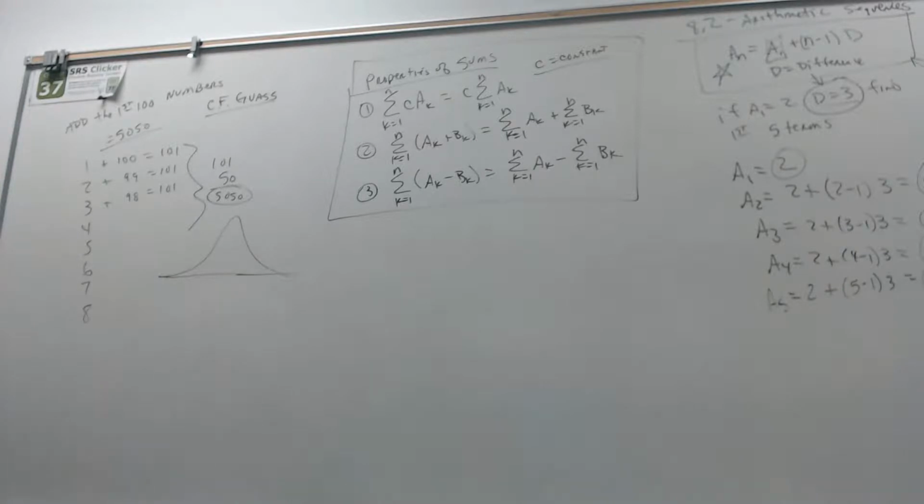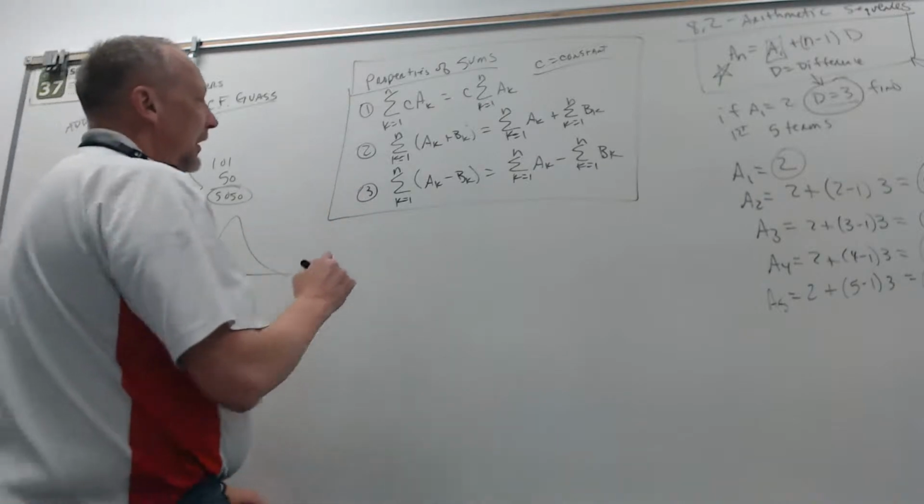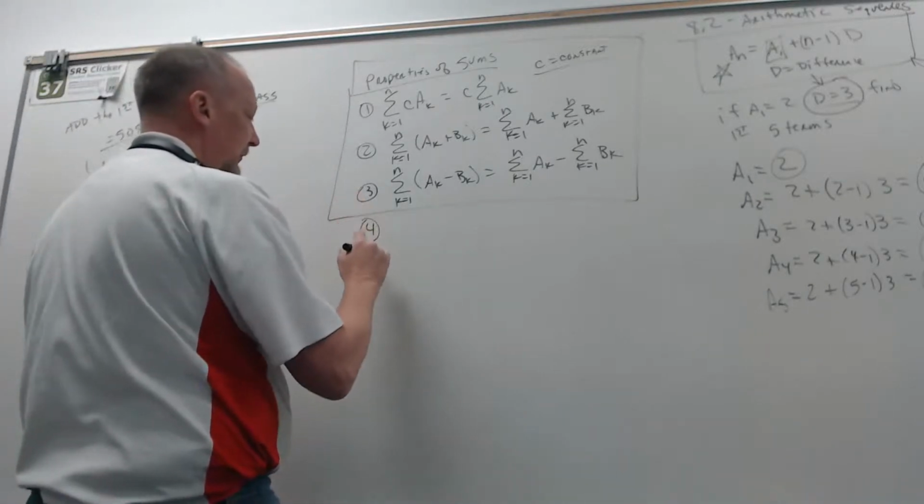I thought we were going to introduce that to you today. Well, yeah, we are. I thought it was going to be different though. Okay, so here's how it works. You've got your properties of sums. Let me add two more onto here.